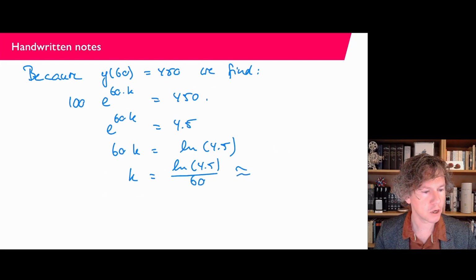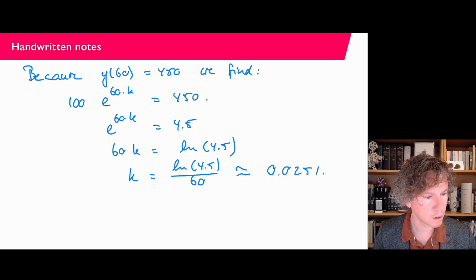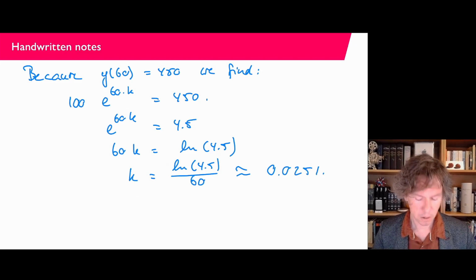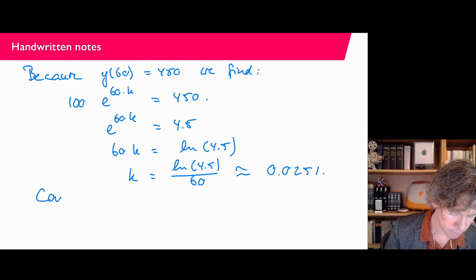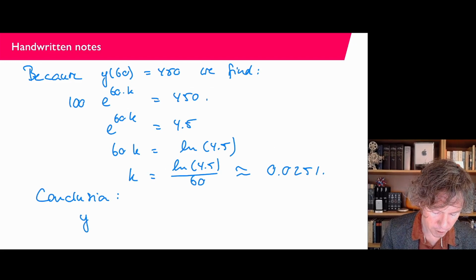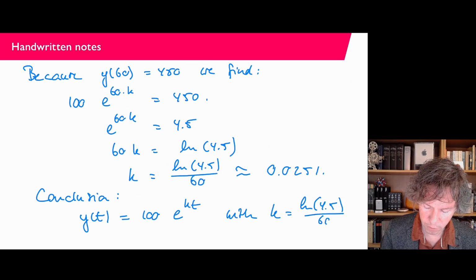And if you would check on a calculator, you would find that that is approximately 0.0251. So the conclusion is, y(t) equals 100 e to the power kt with k equal to what it says above here, ln 4.5 over 60.